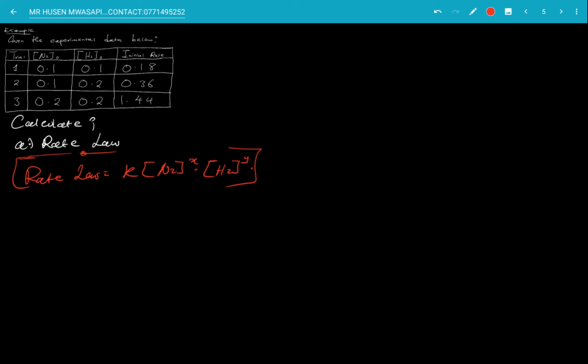From the rate law, all we need to find are the orders and just substitute for them. And in the end, we end up having the rate law that we're interested in. So what are these simple steps? Step 1, just find the what? The orders. So we're basically trying to find the orders with respect to each reactant, because each reactant has its own order.